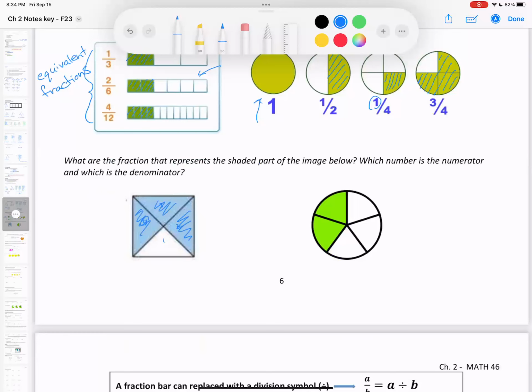So to represent that fraction, we would say 3 over 4. So we have 3 out of 4 of those equal pieces. All right, go ahead and pause the video and try the next one. Okay, and so here we have 5 pieces. The shaded amount is 2 of those 5 pieces, so it's 2/5.